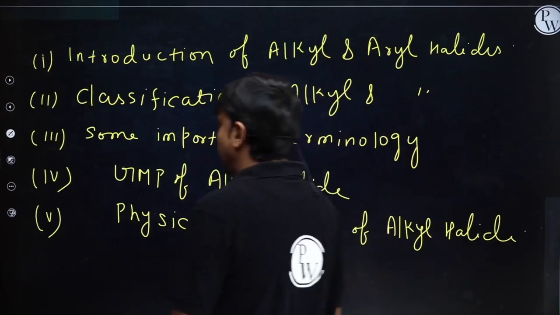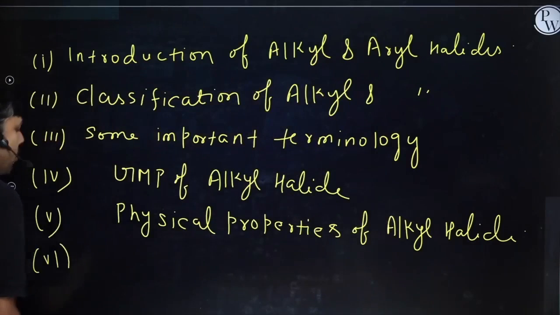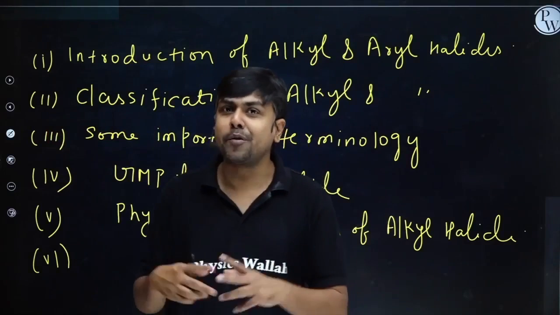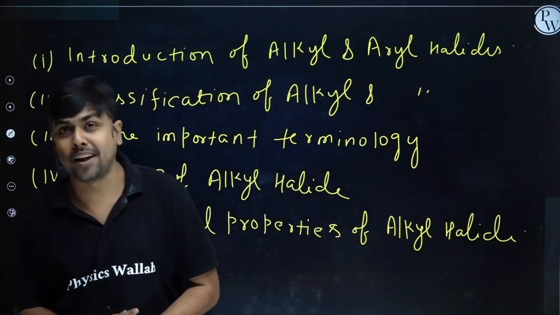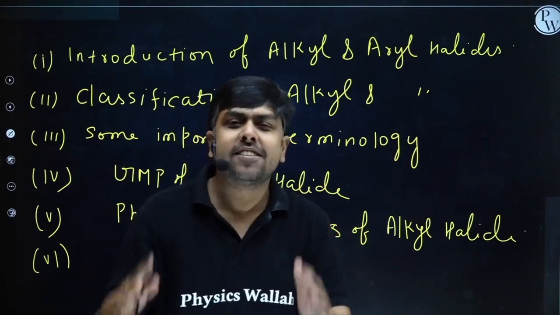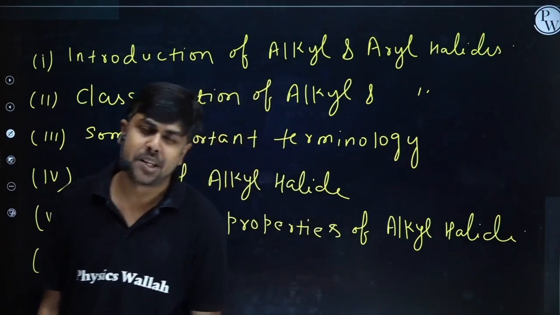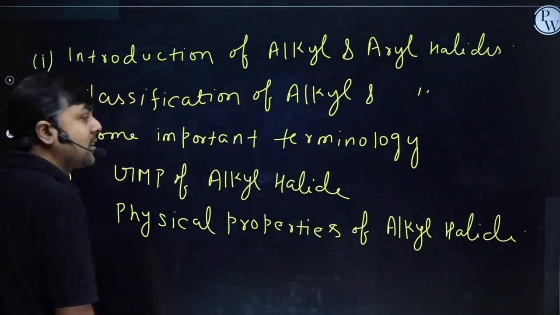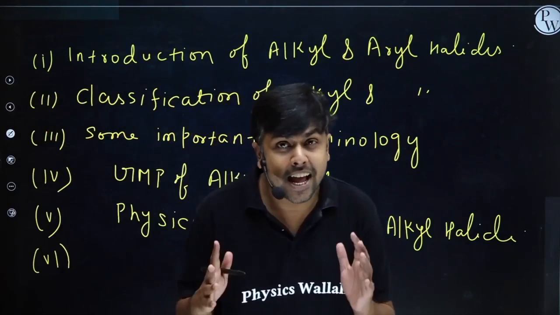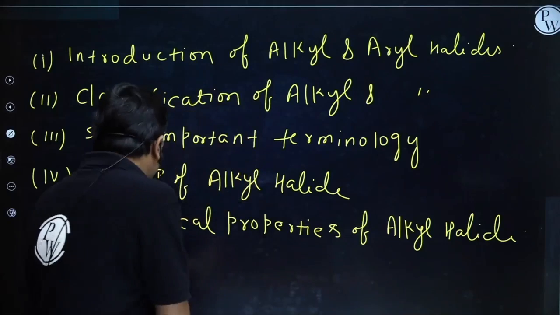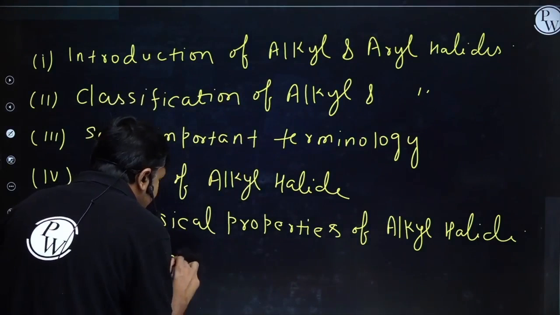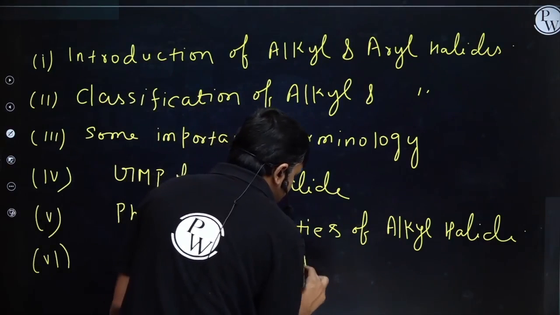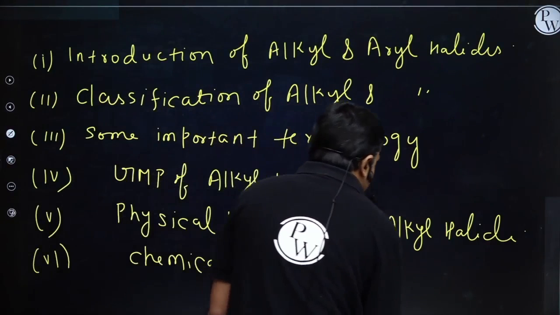Then we'll talk about the chemical properties of alkyl halides, and here mainly we are going to discuss the two important chemical reactions which we have already discussed in that lecture, reaction mechanism. Once again we will redo it, that is nucleophilic substitution reaction and elimination reaction.